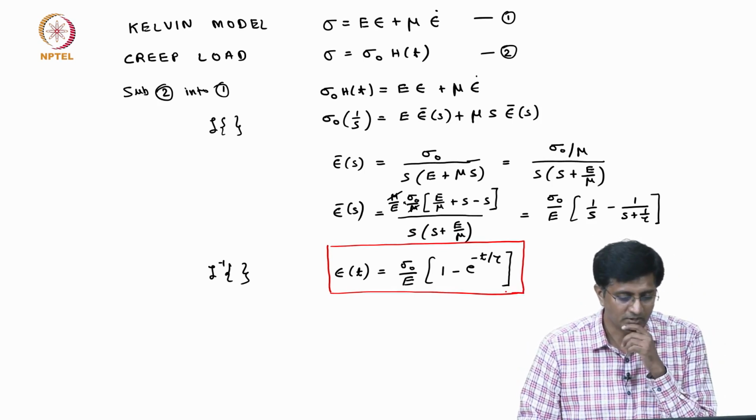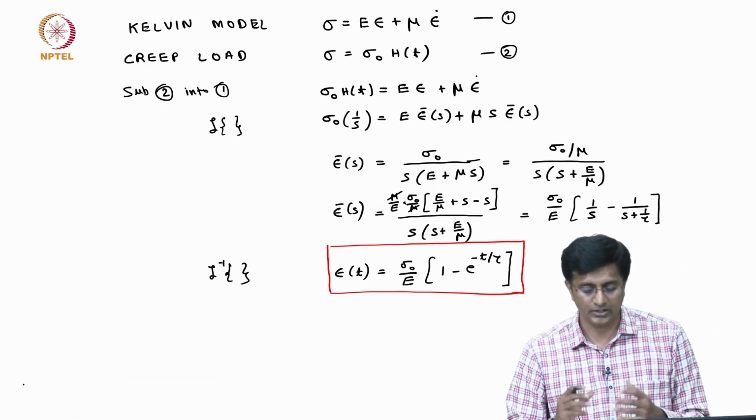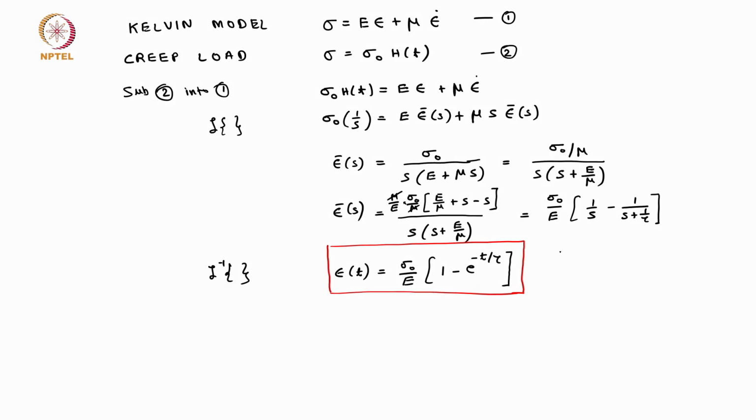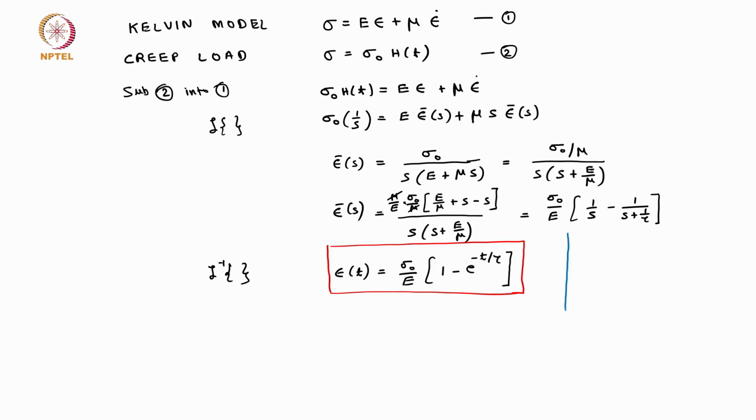Again, like previous cases, let us visualize it so that we can appreciate what this equation is showing us. First let us look at the input to start with. With time, since it is creep, the stress is applied as sigma naught, and now we are looking at the strain response, how the strain varies with time.